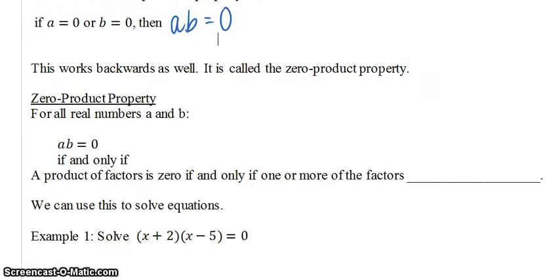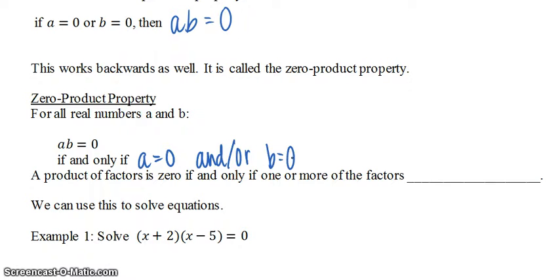The zero product property says that for all real numbers A and B, AB equals 0 if and only if A equals 0 and/or B equals 0. So either A has to equal 0 or B has to equal 0, or both of them, because 0 times 0 is still 0.